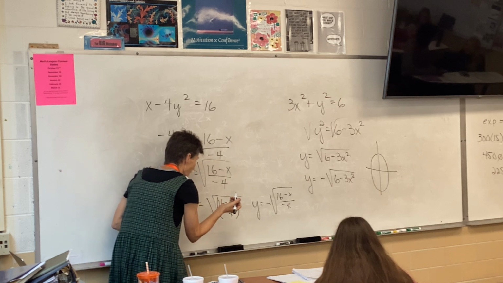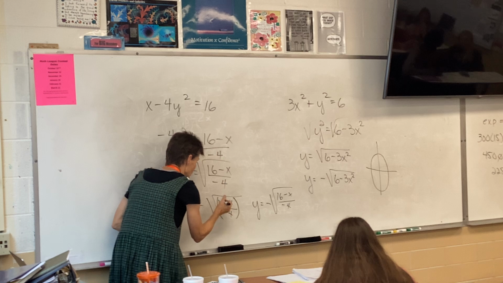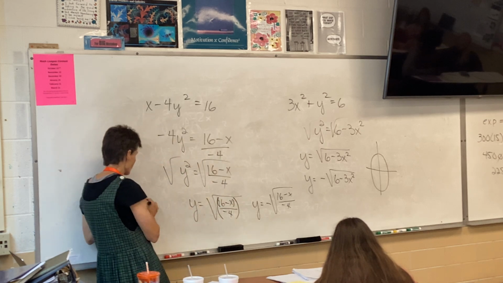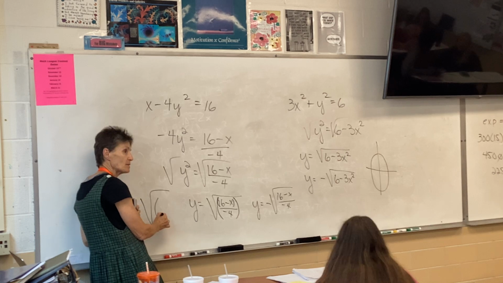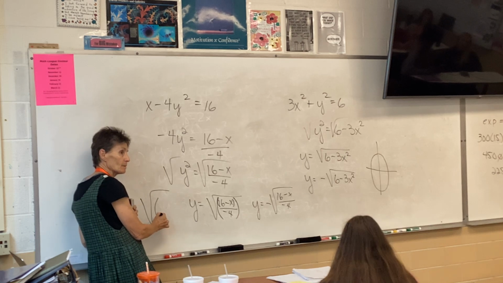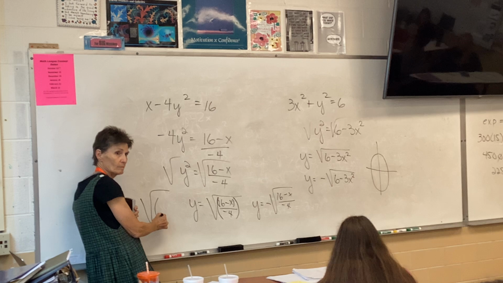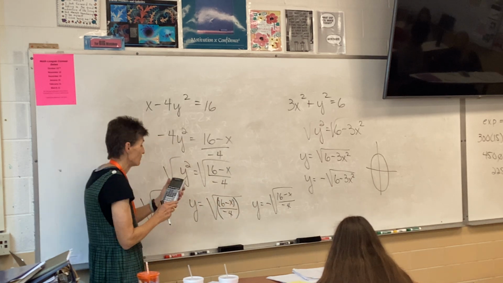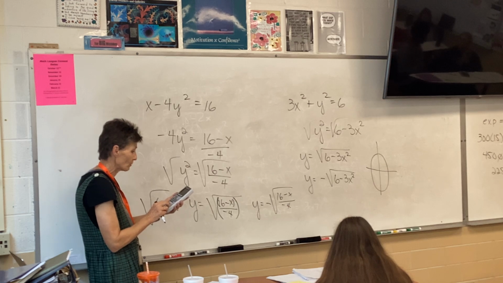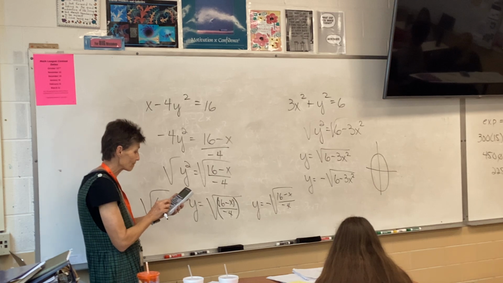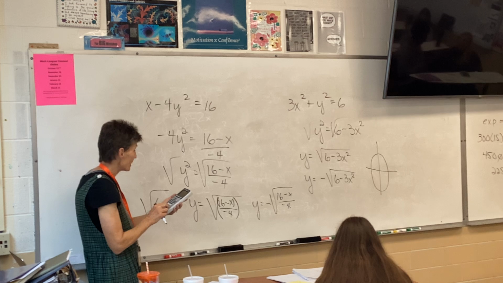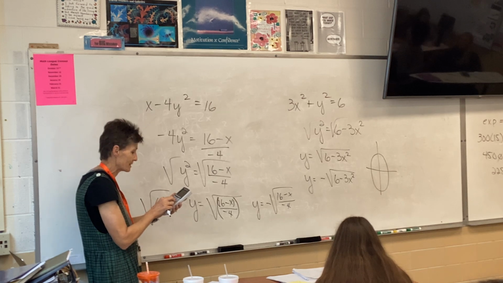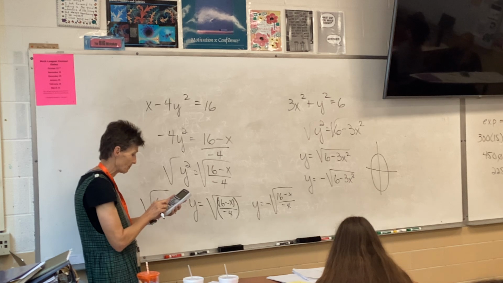This could be problematic depending on the age of your calculator. When you press square root, did the parentheses automatically come in? They usually do. If they don't, you need to put them in, because you're actually going to have double parentheses. You're going to have the square root, parentheses, and then another parentheses, 16 minus x.